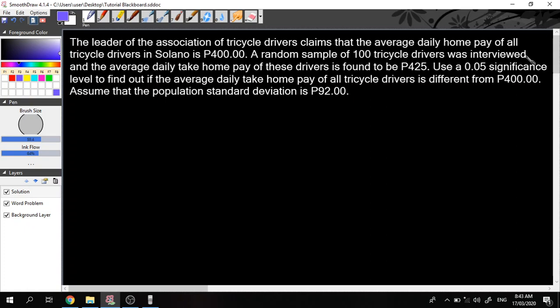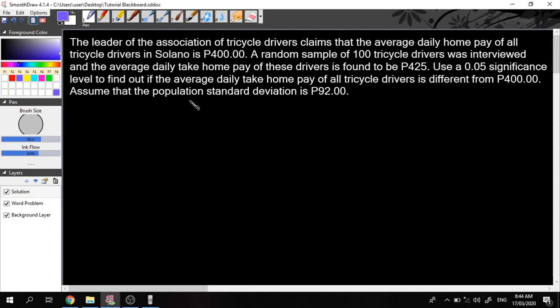Use a 0.05 significance level to find out if the average daily take-home pay of all tricycle drivers is different from 400 pesos. Assume that the population standard deviation is 92 pesos.